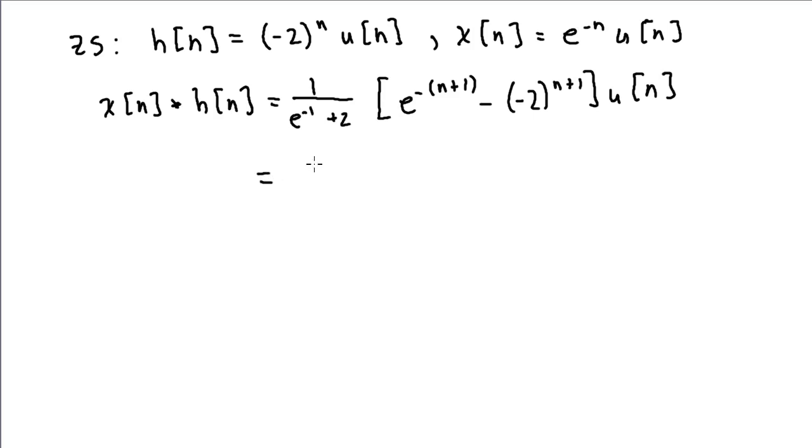I'll simplify this a little bit by multiplying the ratio out in front, numerator and denominator, by e. So I'll get e over 1 plus 2e, and the rest of it stays the same.